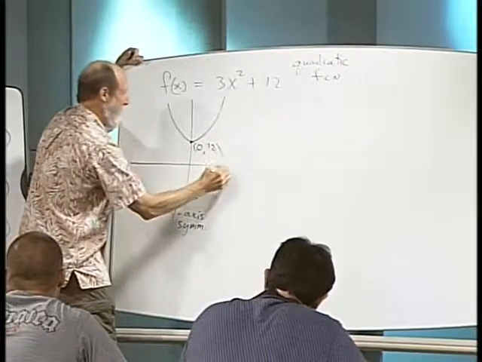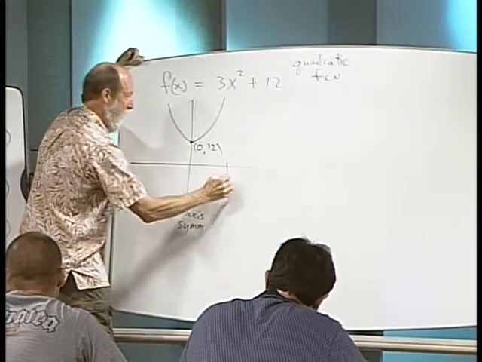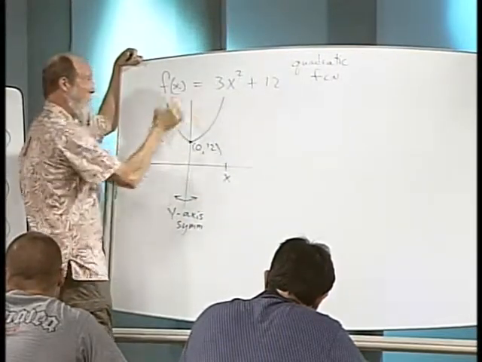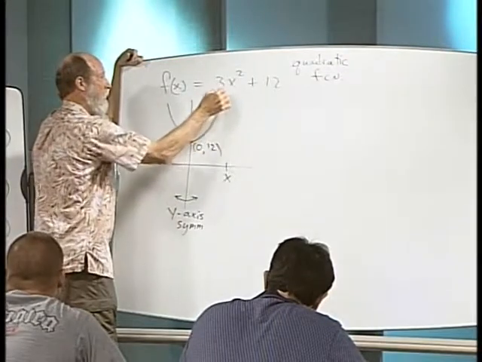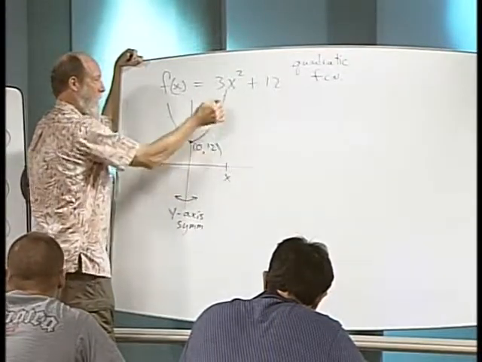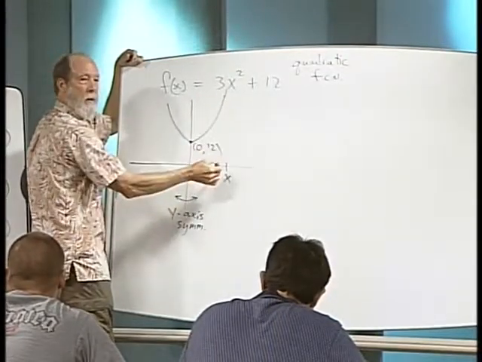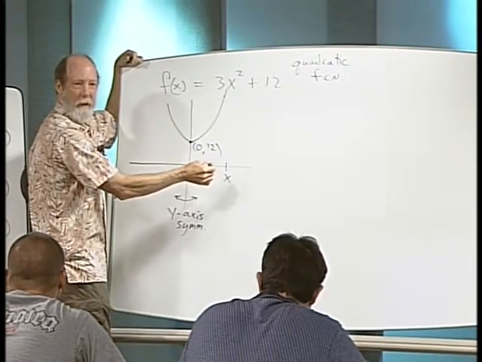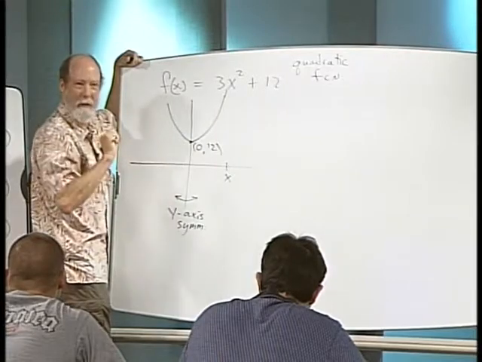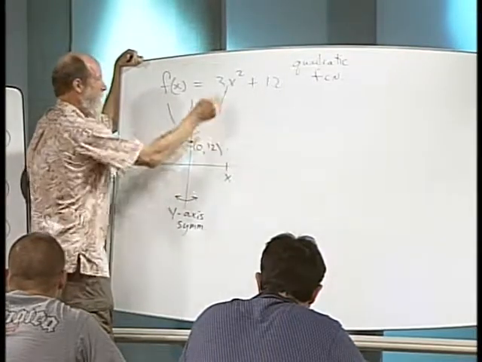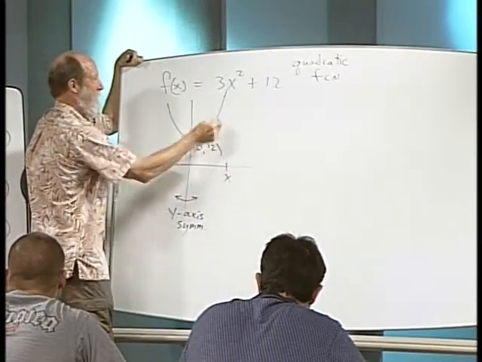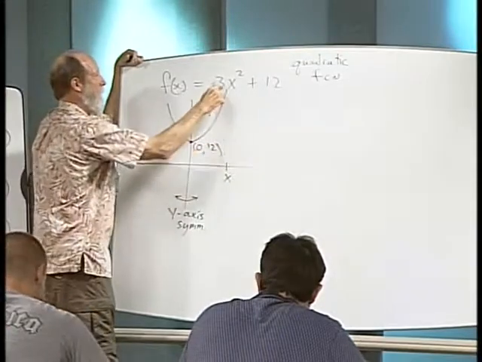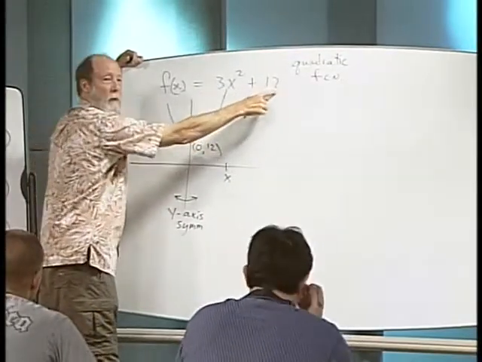If I come over to some location over here, let me call it x, how tall is this function at that spot? How high is it right there? I'm trying to train you just like I would if I was a choral director trying to have you all hit the right note, okay? Isn't it 3x squared plus 12 tall?